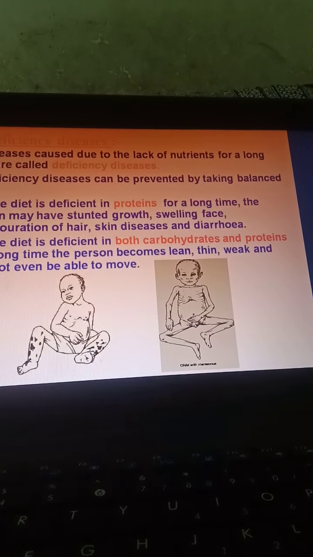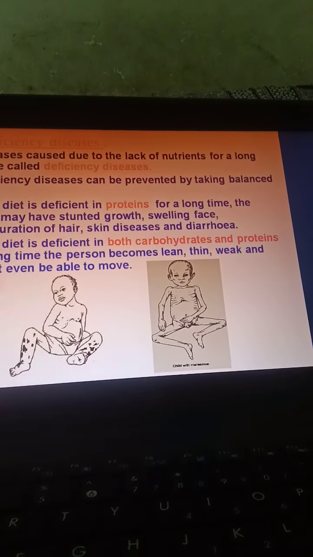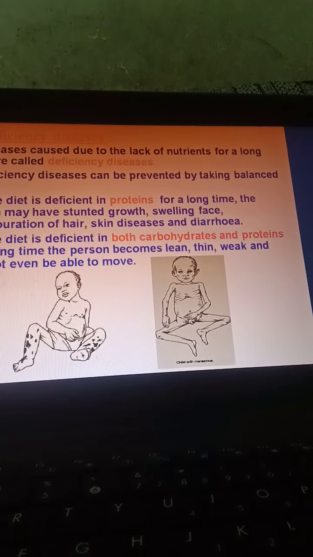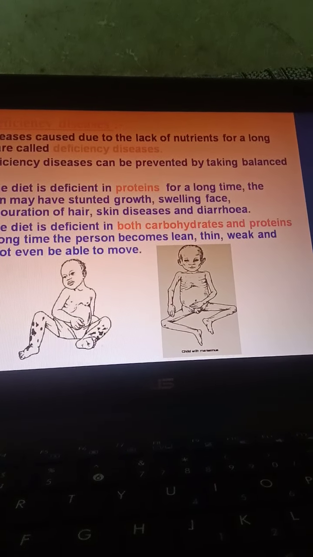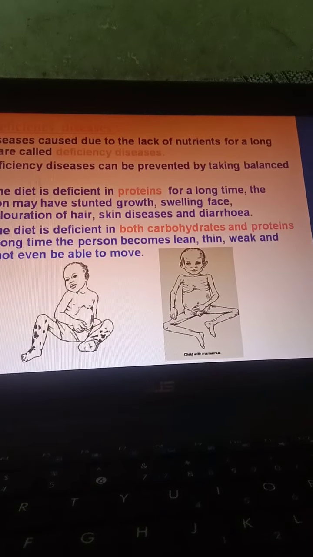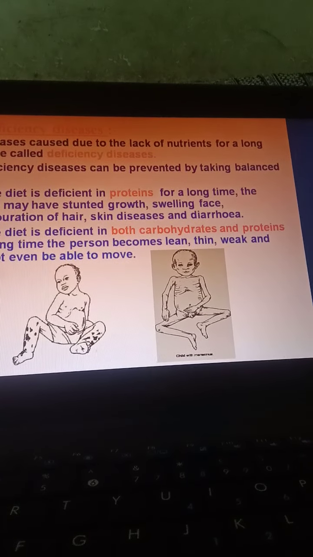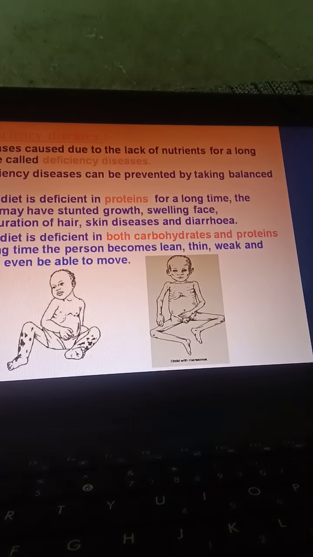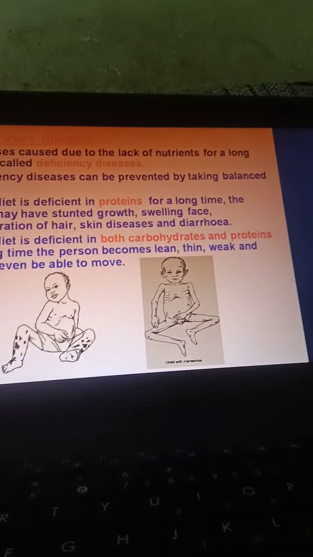Stunted growth means growth stops. Swollen face, discoloration of hair, skin disease, diarrhea. First child is deficient of protein. And in the second one, deficiency is due to carbohydrates and protein both. The person becomes lean, thin, weak, and is not able to move. You can see the second child is very weak because it has deficiency of carbohydrates and protein both.